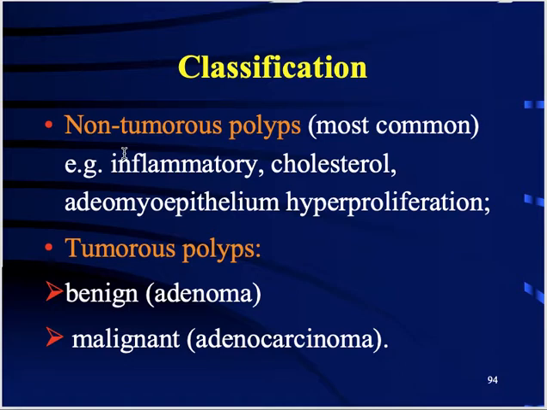And the tumorous polyps could be benign, which is adenoma, or it could be malignant, which is adenocarcinoma.